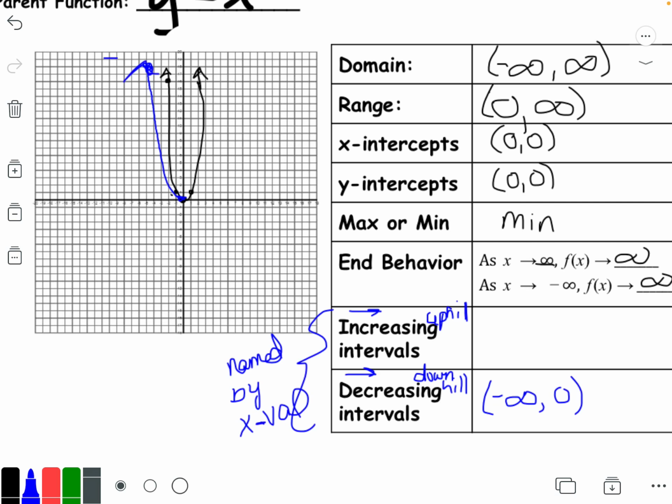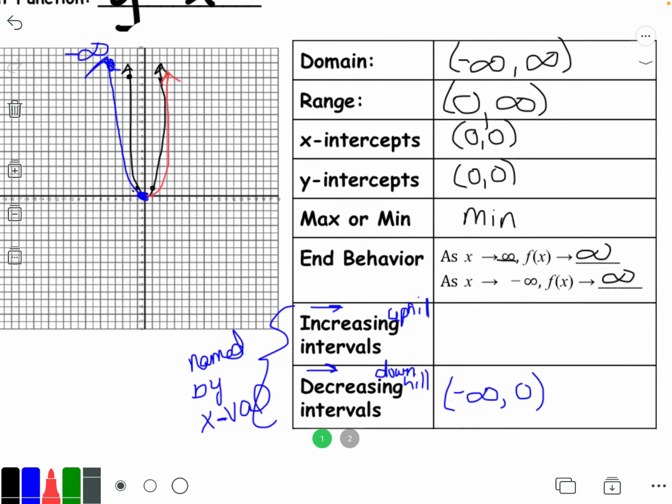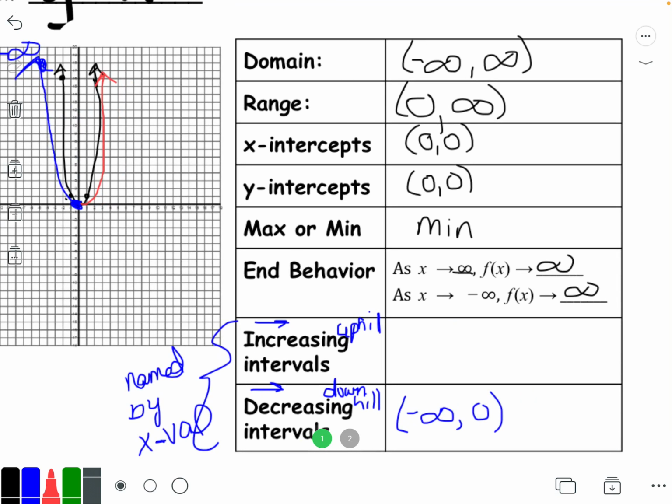So at this arrow is where we have our negative infinity x value, and our x value here is going to be 0. So that's why that is our decreasing interval. But then if we keep going, now we're going to be going uphill. And so that increasing interval is going to be from 0 up to positive infinity.